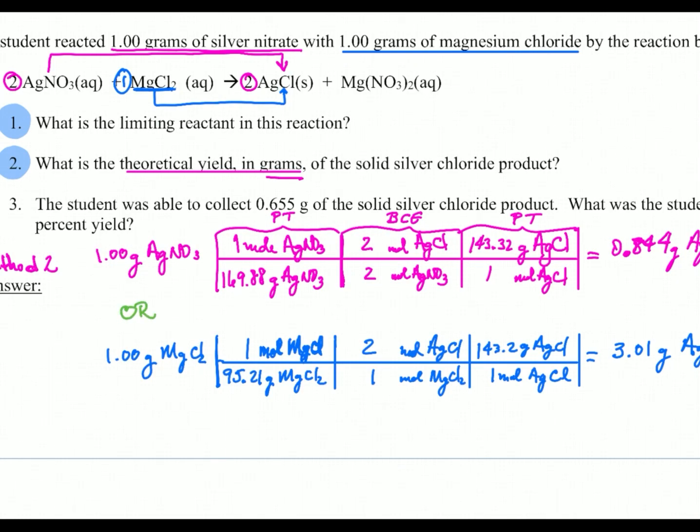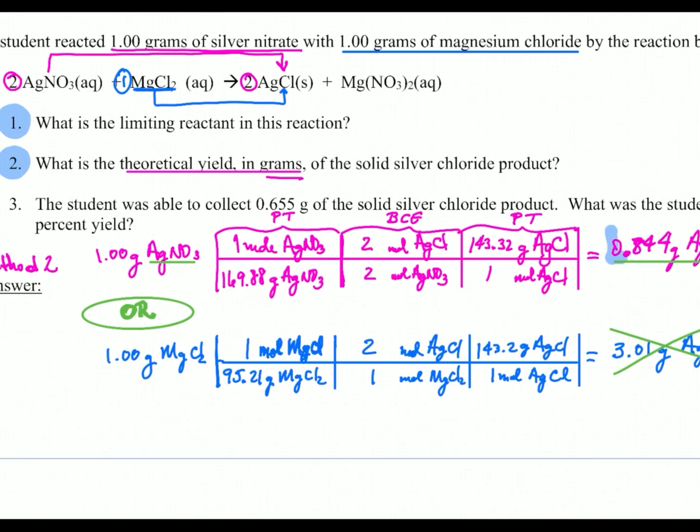Either the silver nitrate is going to run out first and limit how much product you can make, or the magnesium chloride is going to run out first and limit how much product you can make. It can't be both. So the reality is that the 3.01 grams of silver chloride is never going to happen when you only have enough of the silver nitrate to make 0.844 grams.